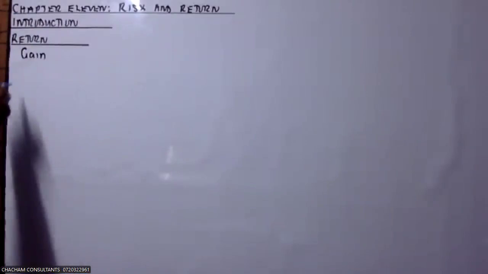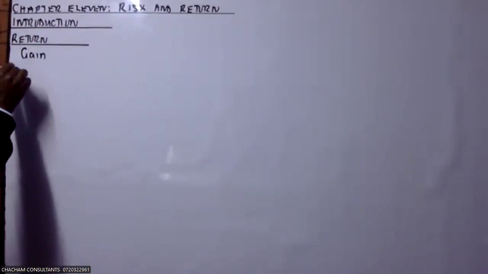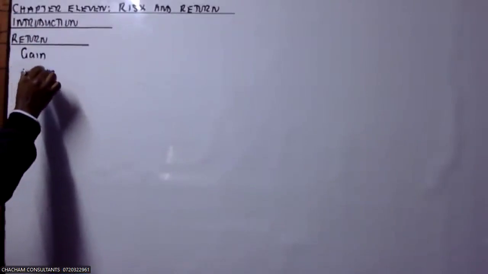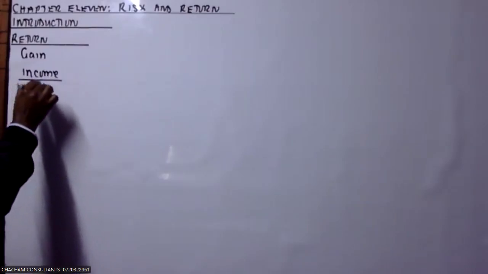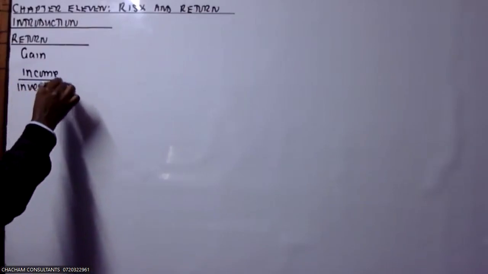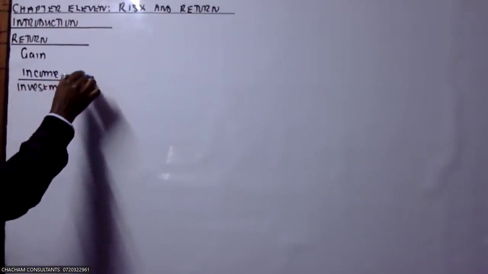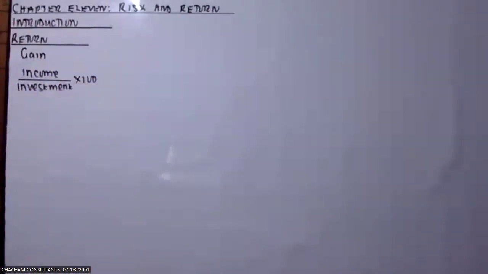It is computed as follows: income over investment times 100.